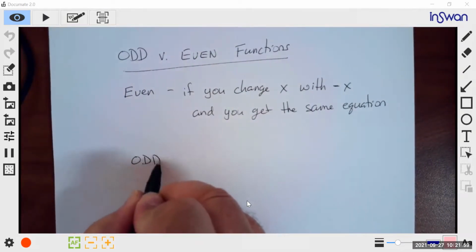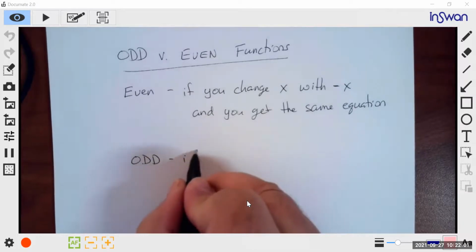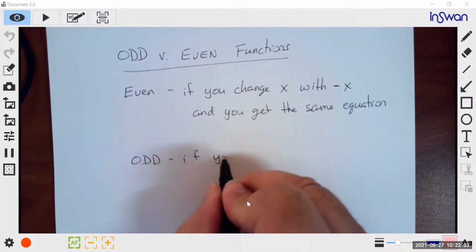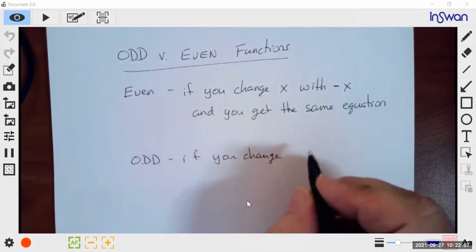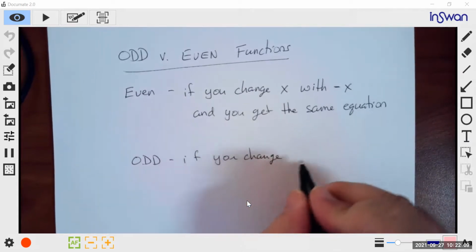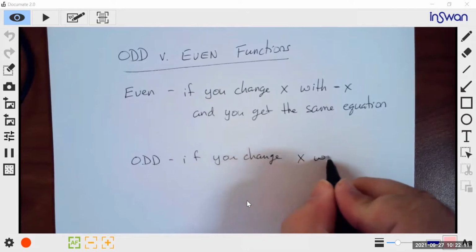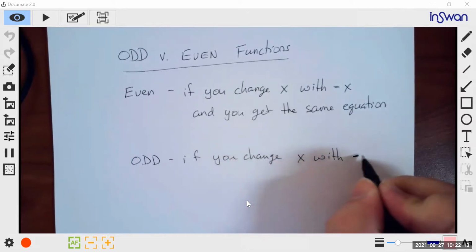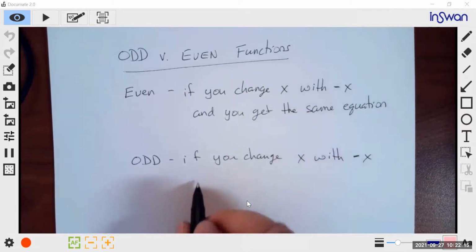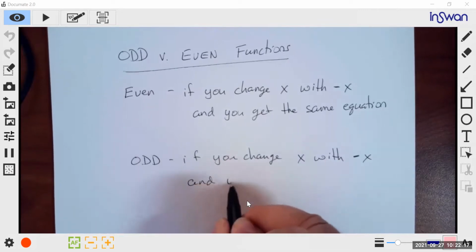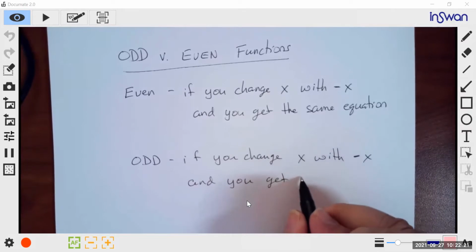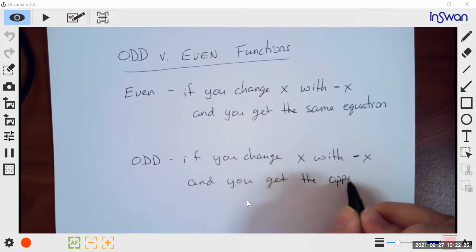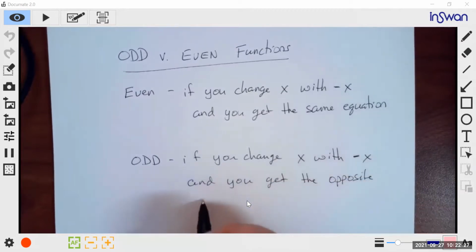It's odd if you change x with negative x and you get the opposite function.